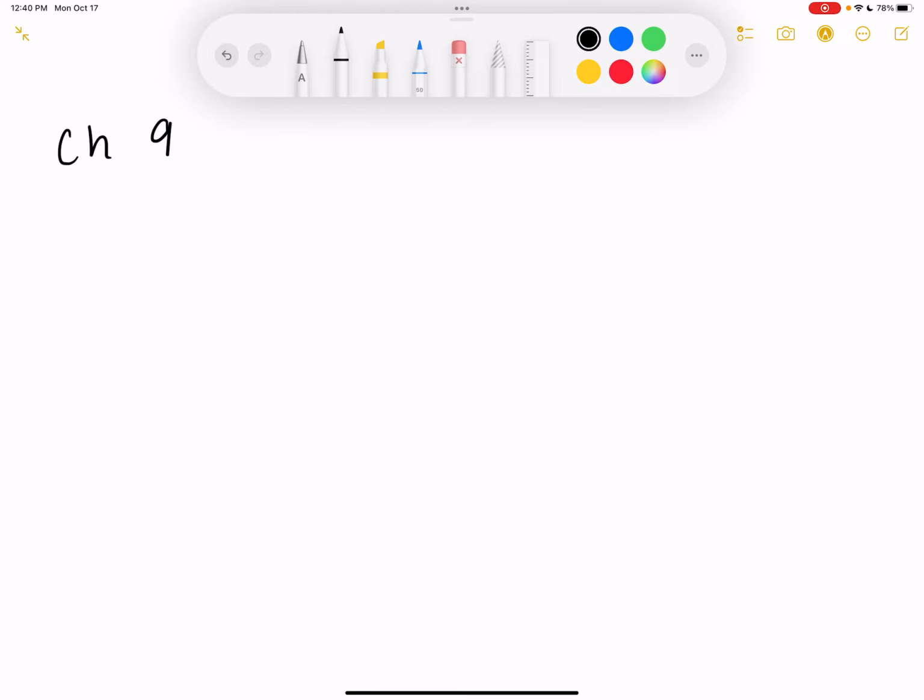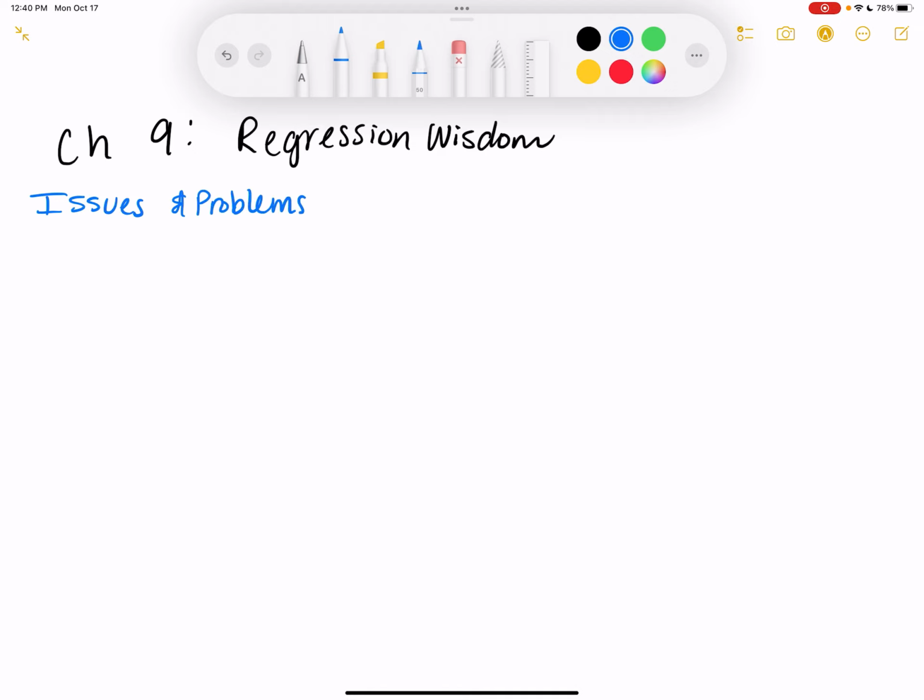So chapter 9, Regression Wisdom. So some issues and problems with regression.